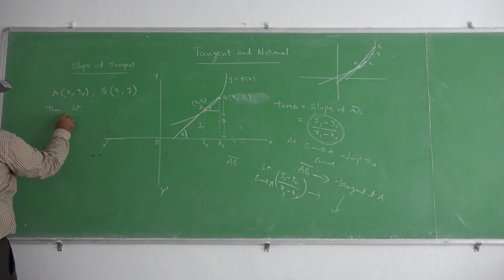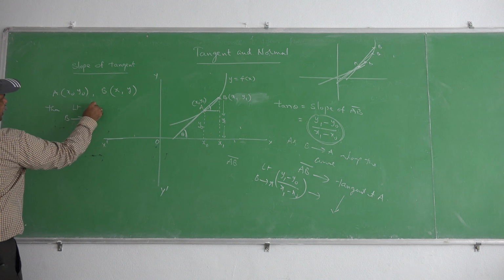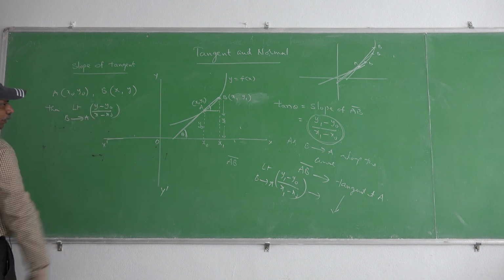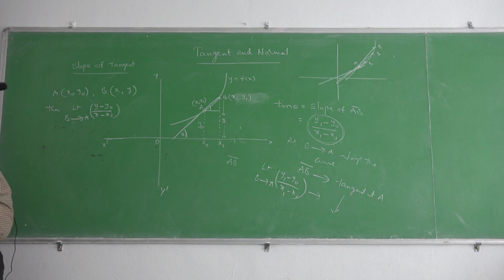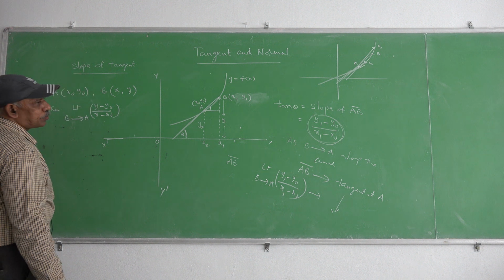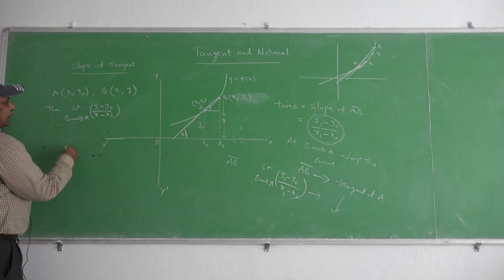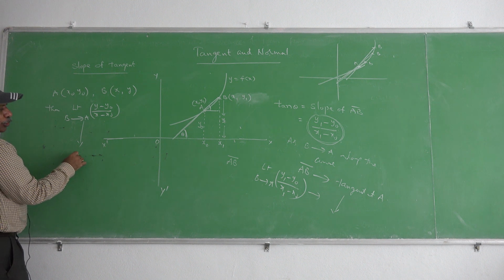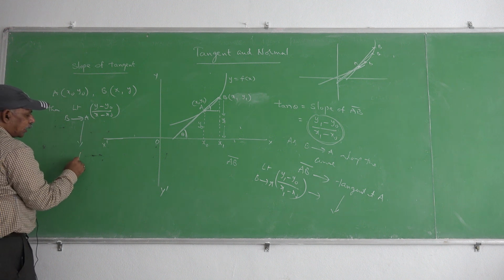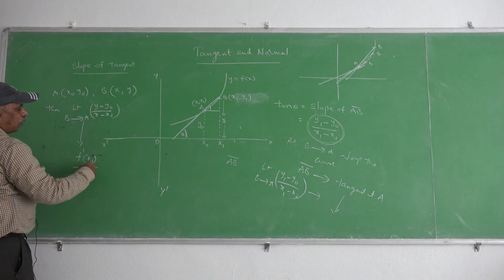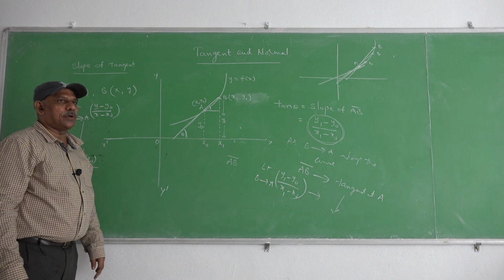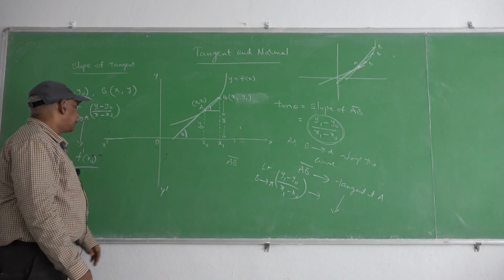Then the limit as B goes to A of the slope of the chord, (y minus y0) by (x minus x0), if B is nearer to A, you can take it as the slope of the tangent at A, which is nothing but the first derivative of the function at x0.